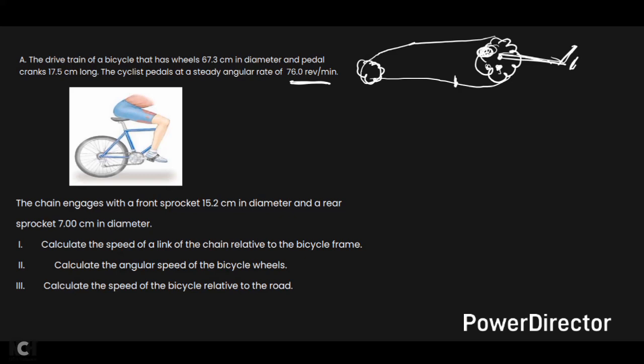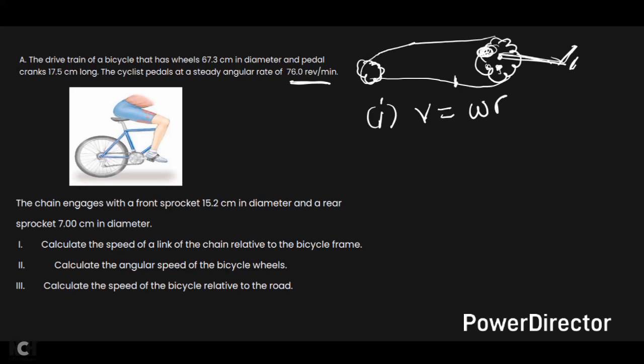How? That's where you have to say, question 1, they say to calculate the velocity. So the velocity is equal to angular velocity, or omega there, like that, right? Times the what? Radius. Which radius?